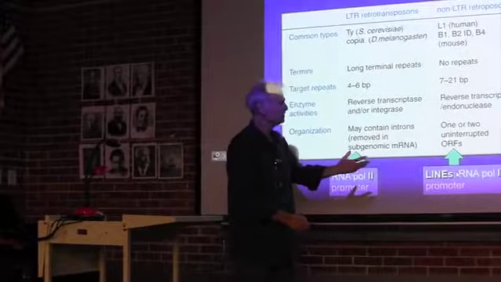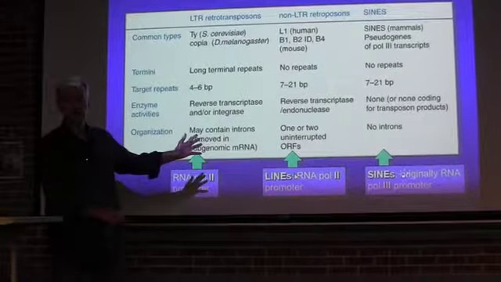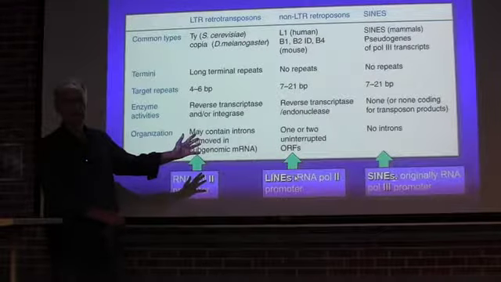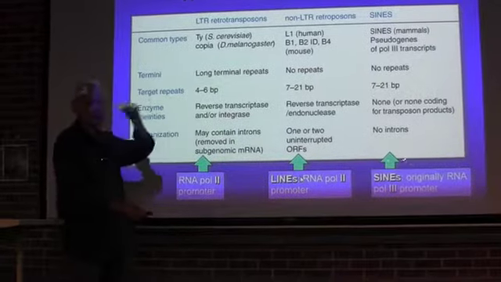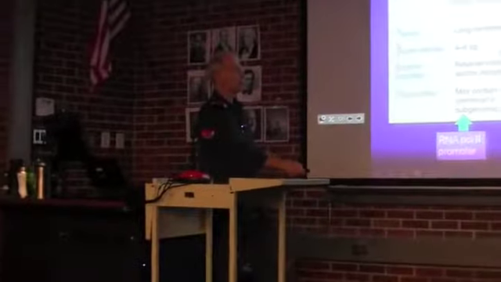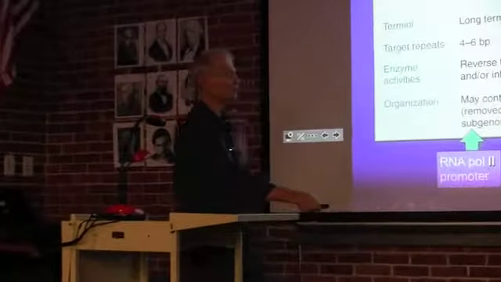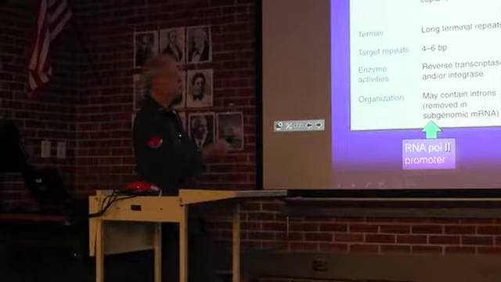But now, they're not really dependent on Pol3. They could be read by any promoter that's going to read them. So they're read by read-through, and Pol2 can do it. It's kind of unclear which promoter actually makes them, but they're derived from a Pol3 promoter. We'll keep it simple. We'll say Pol3 promoter.